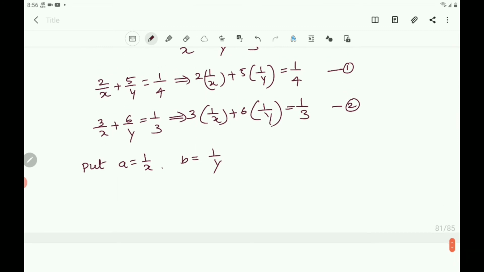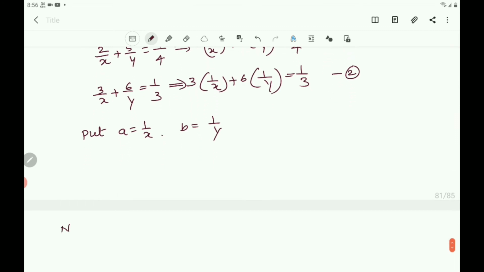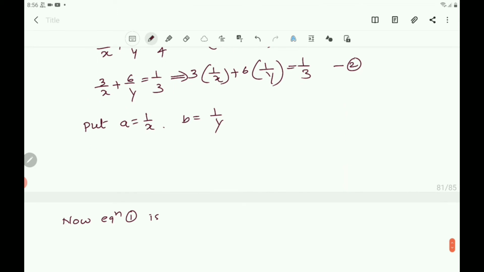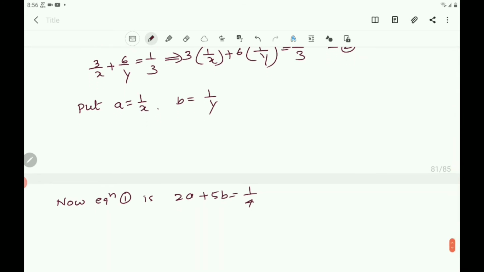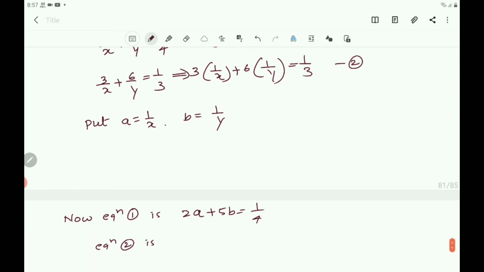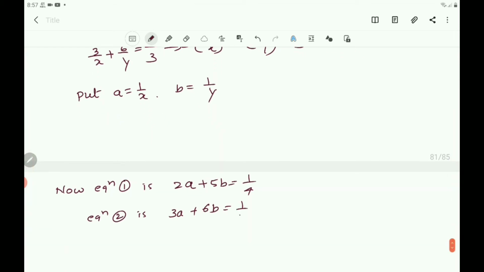So equation 1 becomes 2a plus 5b equals 1 by 4, and equation 2 is 3a plus 6b equals 1 by 3.